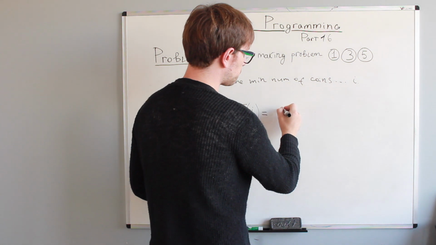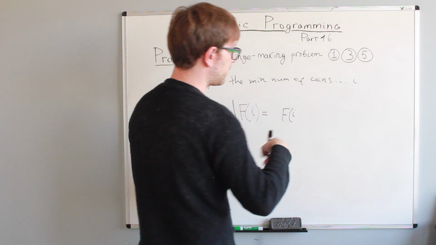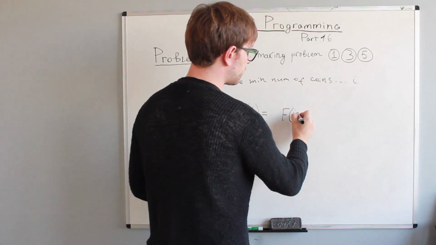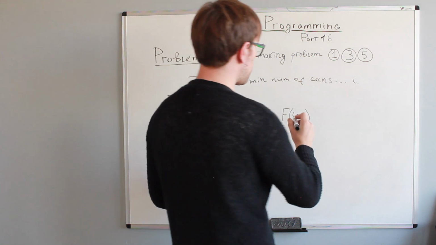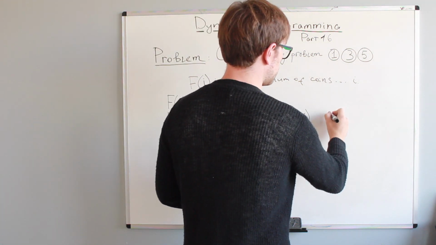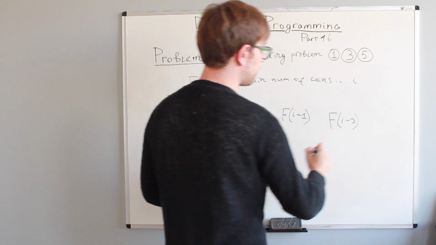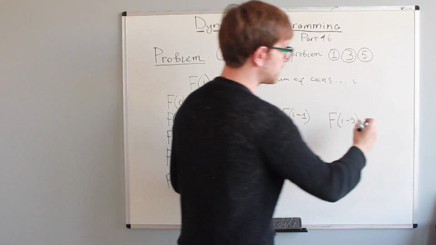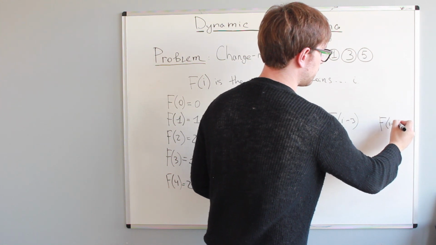For f of i, if we return 1 cent, we'll still have to return i minus 1. If we do the same with 3 cents, we'll have to return i minus 3 cents. If we do the same with 5 cents, we'll still have to return f of i minus 5.